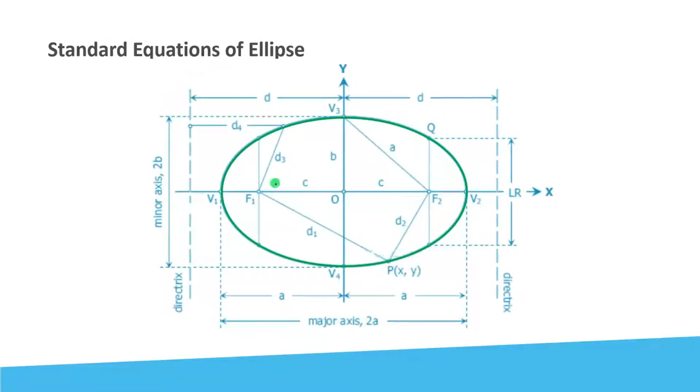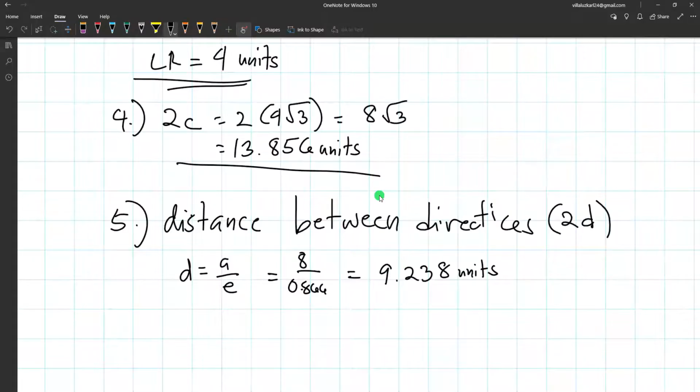For the foci, we have a distance from the center of the ellipse of C, and that's why it is twice the value of C. That's the distance between the foci.